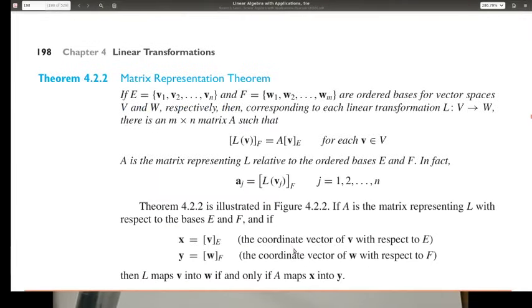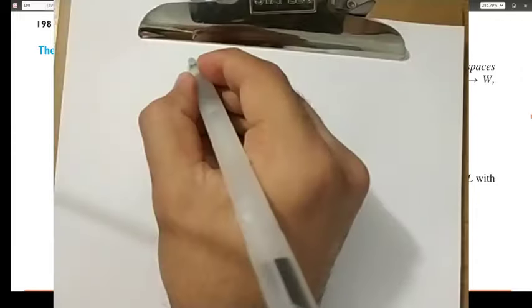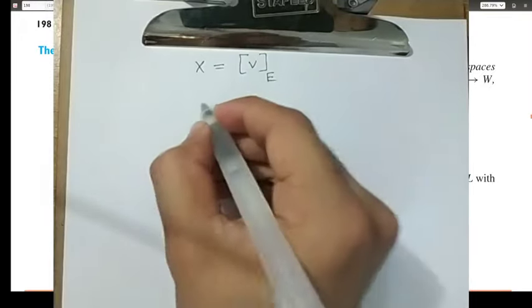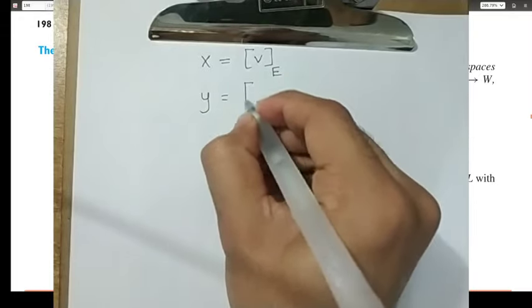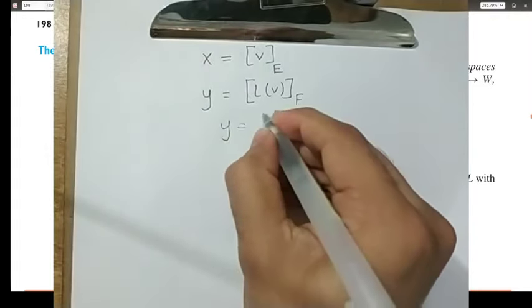The theorem states that if E is the basis for V, and F is the basis for W, and you have a linear transformation going from V to W, then there exists an m by n matrix A such that if x is the coordinates of v in the basis E and y are the coordinates of L(v) in F, then simply y equals A times x.